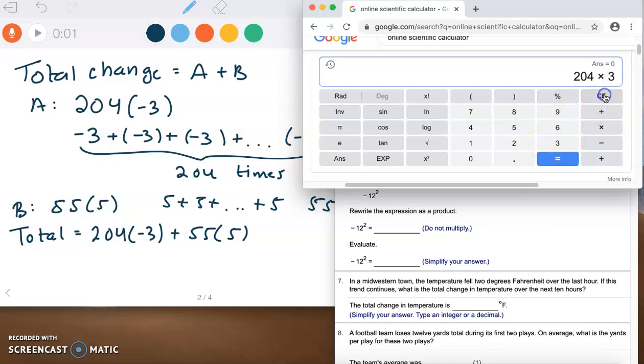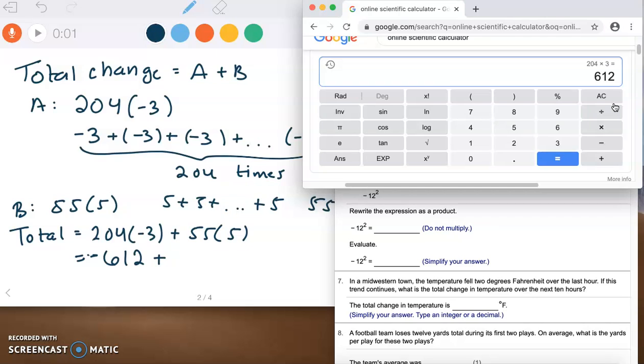Since we know that the answer is negative, because a positive times a negative is negative, this is going to equal -612. So we have -612. That's for the A stock.